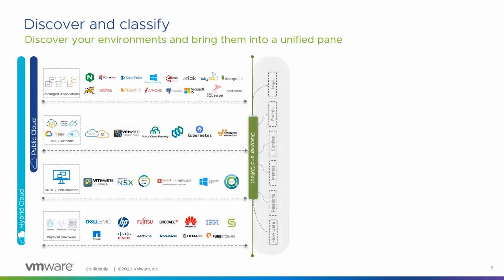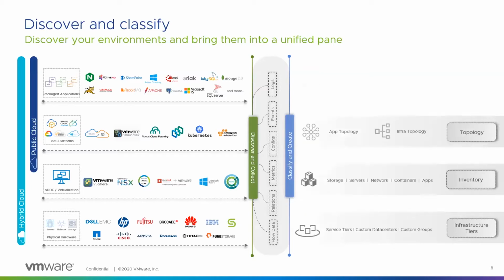Now, when you talk about data, what we discover and collect is a realm of data starting from metrics, events, configs, logs, relations, and with vRealize Network Insight, we also get the flow data, which talks about the communication between two entities over the network by leveraging network flow information to tell you whether communication is happening or not. And ultimately, all this data is used to classify. This is one big important step when it comes to artificial intelligence, that you're able to classify and label your data set in a way that it can be leveraged later on to run algorithms on the right set of data.